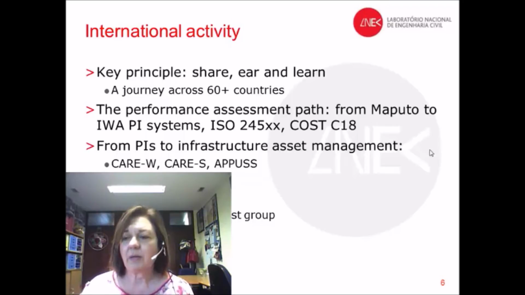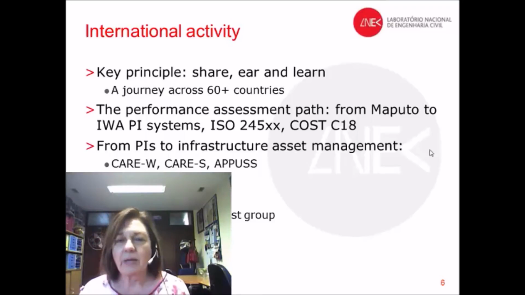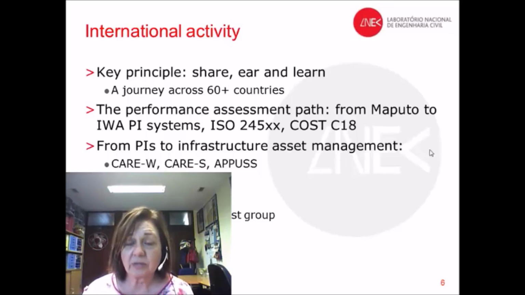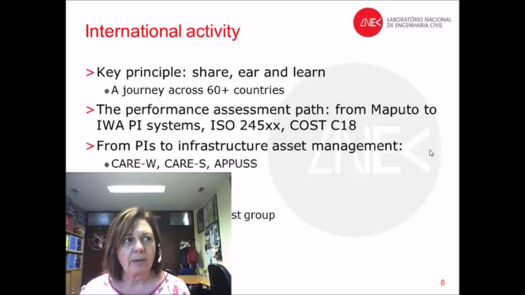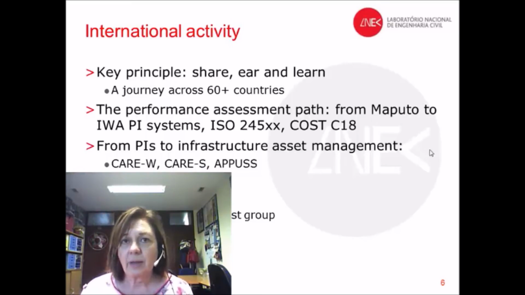So we developed a project called AWARE-P that allowed us to develop a consolidated approach, software and guidance materials. We published two very comprehensive technical guides, one for water supply networks and the other for wastewater networks.